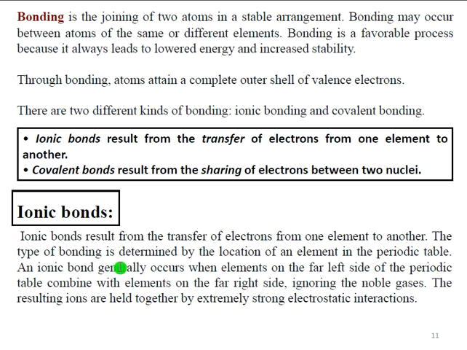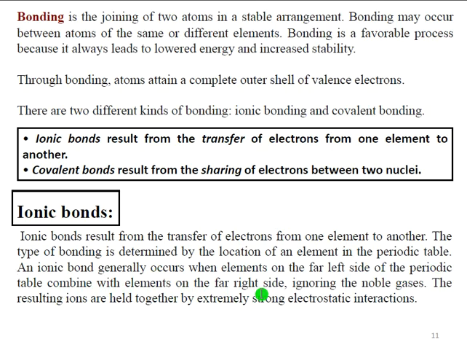An ionic bond generally occurs when elements on the far left side of the periodic table combine with the elements on the far right side of the periodic table.